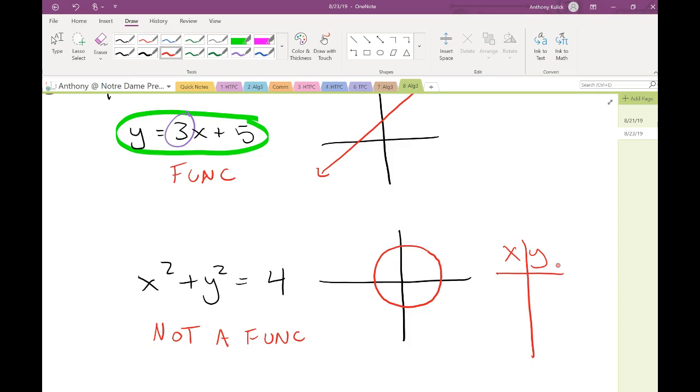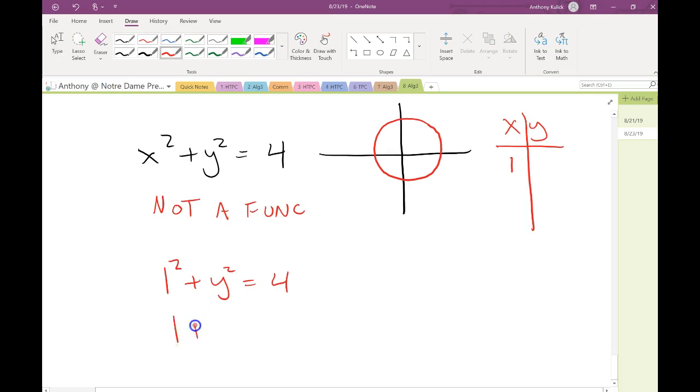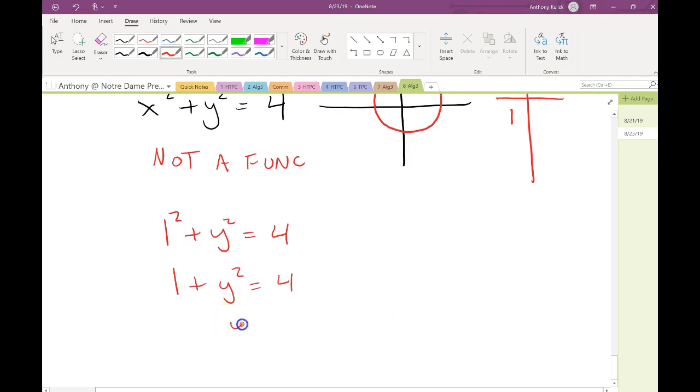Somebody pick an x. 1, I heard somebody say. That's a good one. All right. So if I plug 1 in for x, I have this, right? 1 squared is just 1. And then if I subtract 1 from both sides, I get 3.